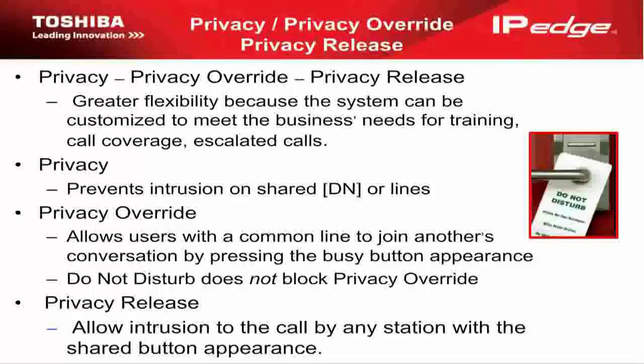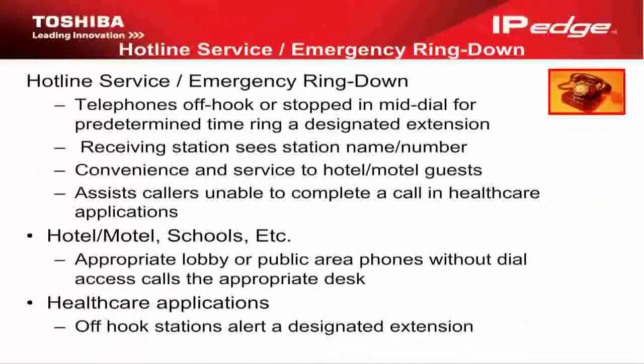In the case where privacy override is normally allowed, a telephone can have a privacy button to block privacy override or intrusion to the call. The Do Not Disturb feature does not block privacy override. In the case where privacy override is not normally allowed, a telephone can have a privacy release button to allow intrusion to the call by any station with this shared button appearance.